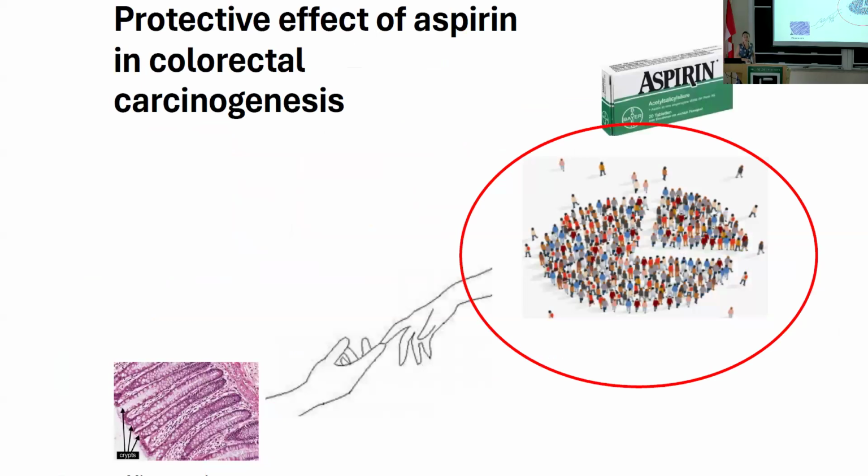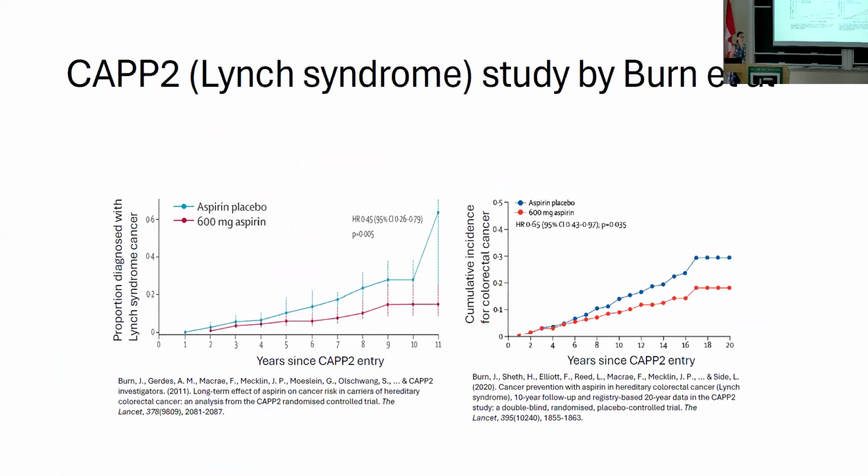So when we talk about aspirin, I want to first describe experimental observations. There was a huge clinical trial performed by John Burn in Great Britain, where they administered aspirin to a large cohort of patients and compared the rate of Lynch syndrome cancer. So these were not regular people.